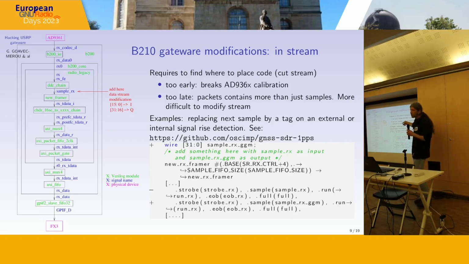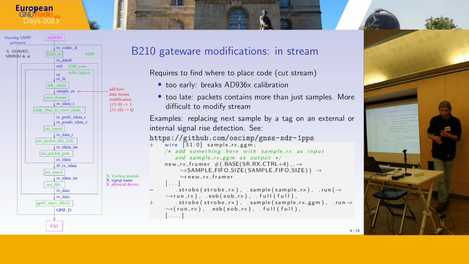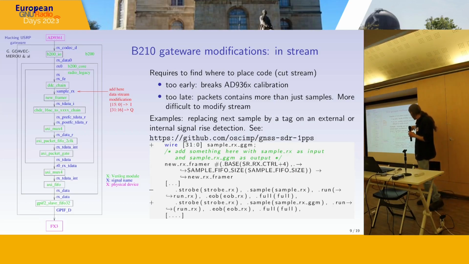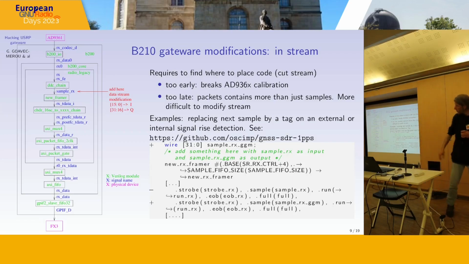A full example, in fact, a patch is available on GitHub on a skimp GNSS-SDR 1 PPS. This demonstrates how to use it. And finally, the idea is, in this piece of code, you add a new wire, you add your specific code, and you replace the sample RX.